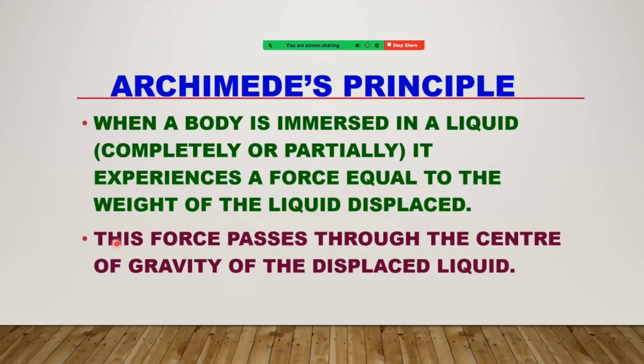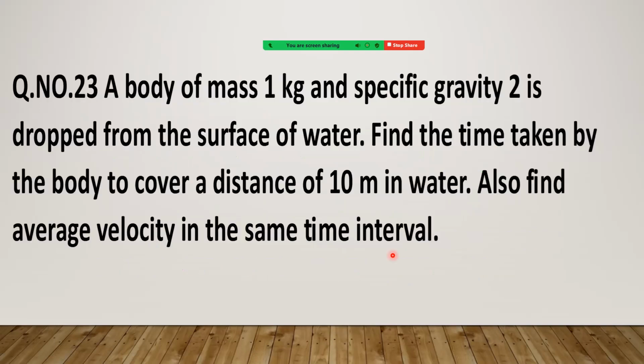This force passes through the center of gravity of the displaced liquid. That means the center of gravity of displaced liquid may not coincide with the center of gravity of the immersed body.